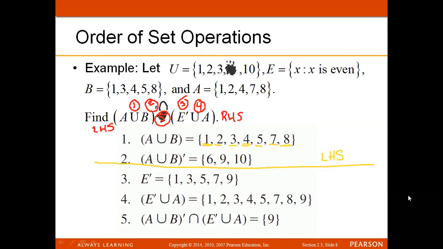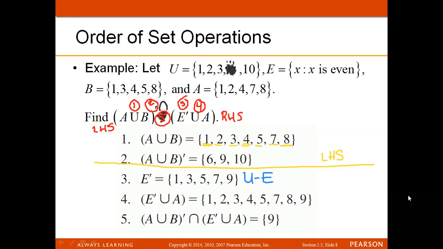Now on the right-hand side, inside of the parentheses, we have the E complement. E is x such that x is even. So everything in U that's not even, because E complement is to take U and remove all elements from E. So all of the odd elements are left because E was even, leaving us with the set 1, 3, 5, 7, 9.